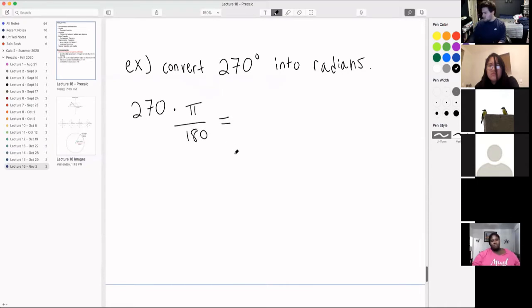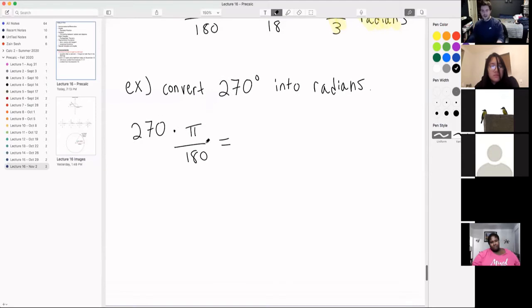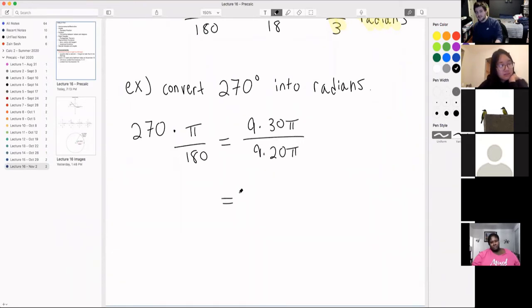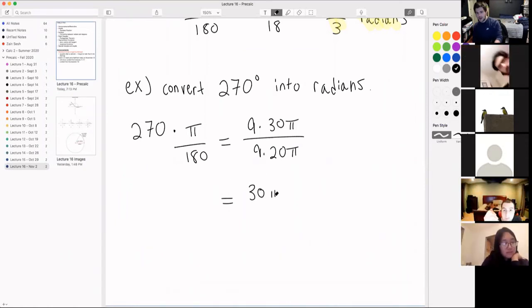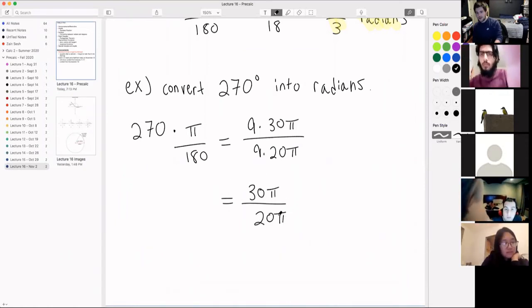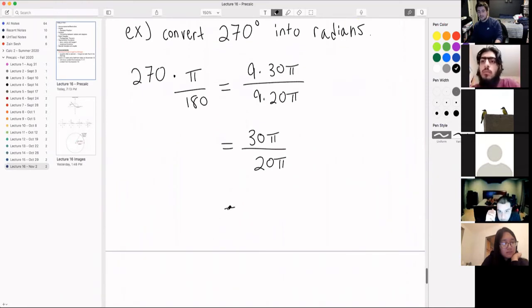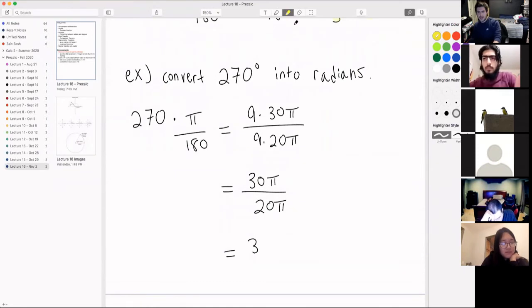With these, you're going to want to simplify as much as possible. So you can pull out a factor of 9 from 270 and 180. So this is 9 times 30 pi divided by 9 times 20. Oh, sorry, there should not be a pi down here, I wrote a pi in the denominator by accident.